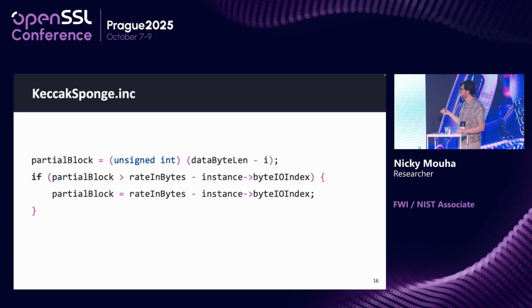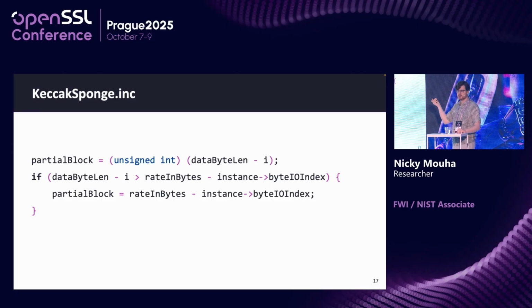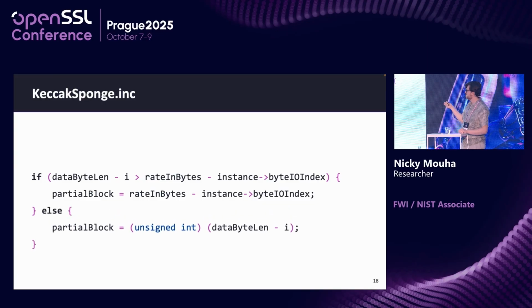And then to get rid of this infinite loop, it turns out that we actually need to have data byte length minus i here to make sure that we also have the higher order bytes of the partial block. That was the cause of the infinite loop. And then to avoid computing the partial block twice, if you want to show the final code that is now in the fixed SHA-3, you can put the partial block here at the end.